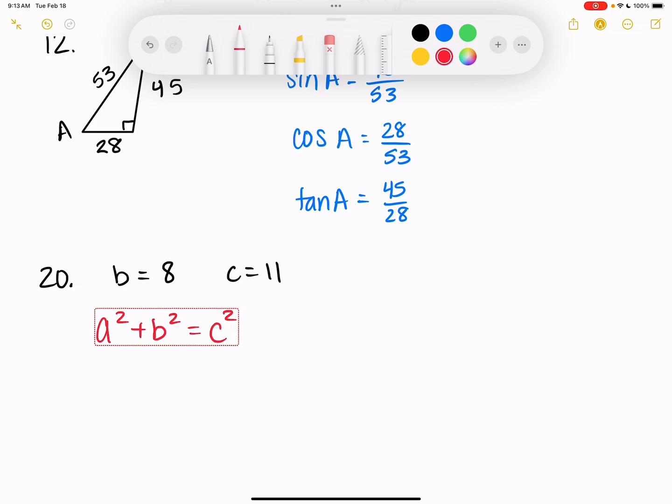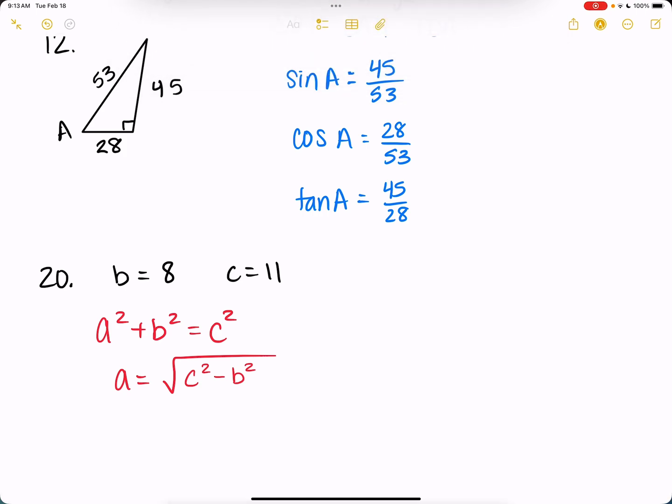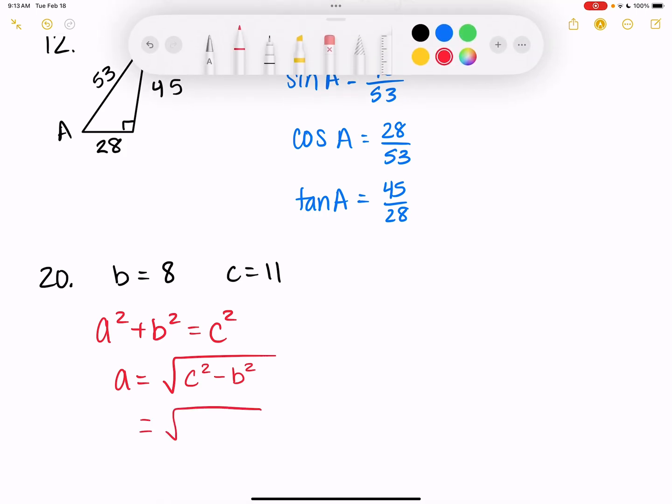So A is what I need to solve for, so I'm going to subtract B squared. So A is the square root of C squared minus B squared, so I'm doing that all in one step. Now I plug those numbers in. It's the square root of 11 squared, which is 121, minus 8 squared, which is 64.